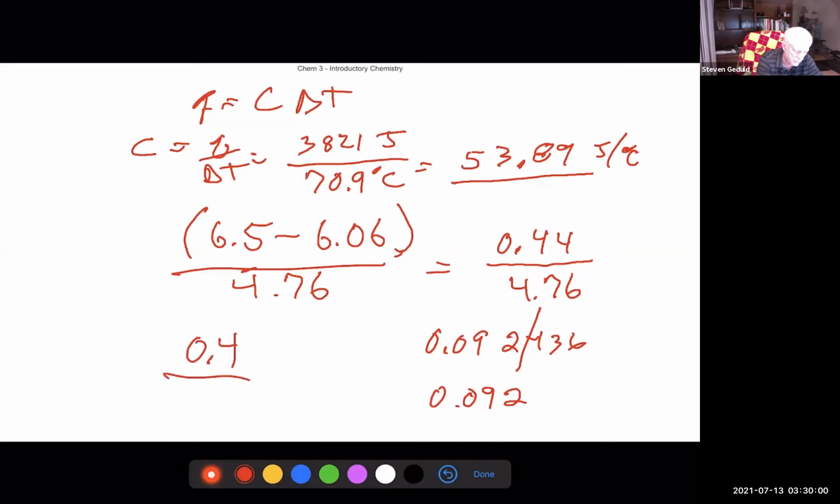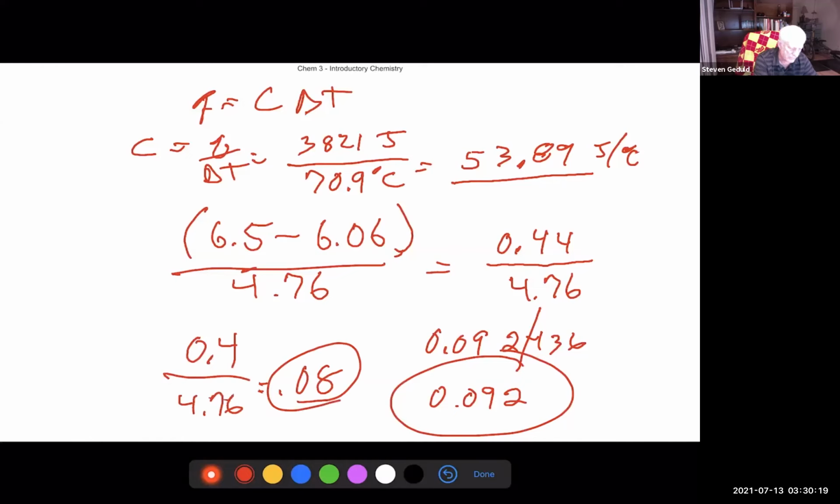So 0.4 divided by 4.76. So it would either be this answer or, depending how they did it with the book, 0.4 divided by 4.76 and 0.08. How you round it up. I think it would be closer to this answer with the book.